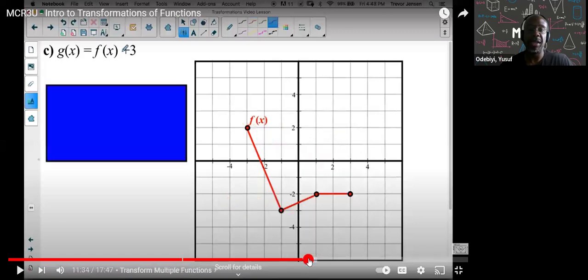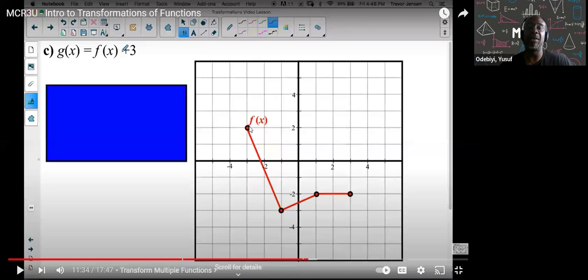Here's another example. So what does this one do? F of x, this whole thing is my function f of x, but I'm shifting it by 3. That means it's a +3 on the outside. That means the whole thing is going to move up by 3. So whatever value I have for my y, it's going to go up by 3.